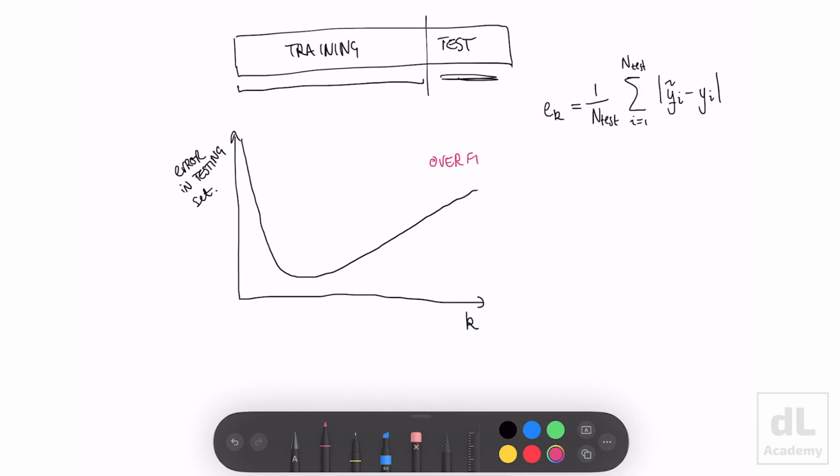Oh, not overfitting. Underfitting. Underfitting. And this is overfitting. Okay, and then so the sweet spot is down here where the error is the lowest.